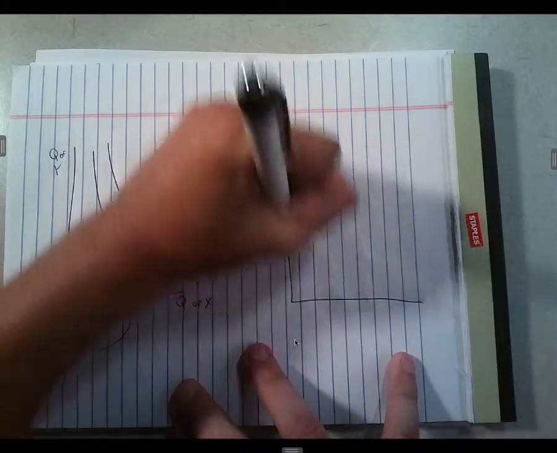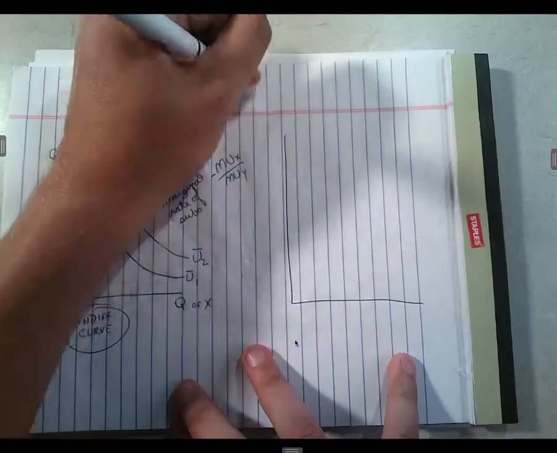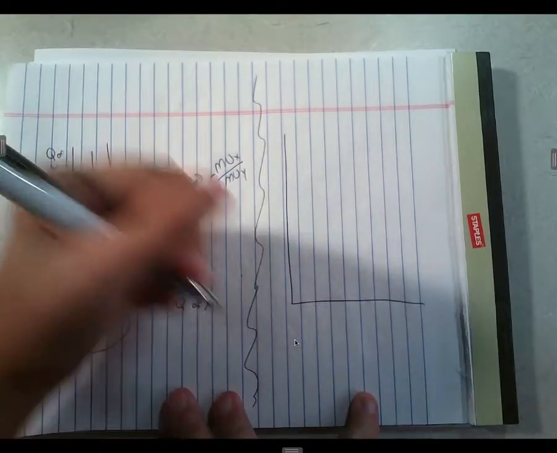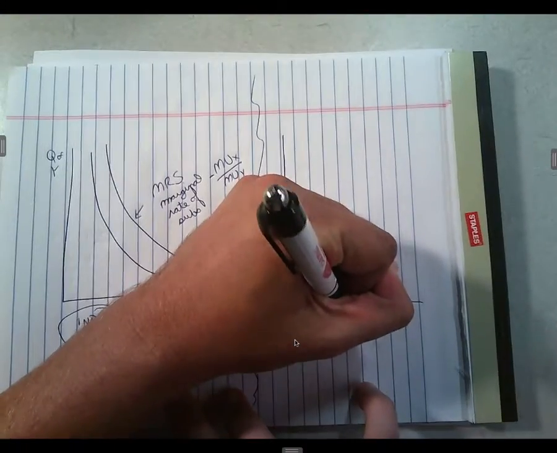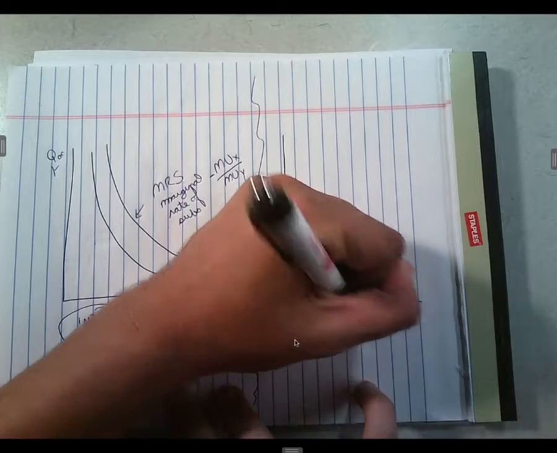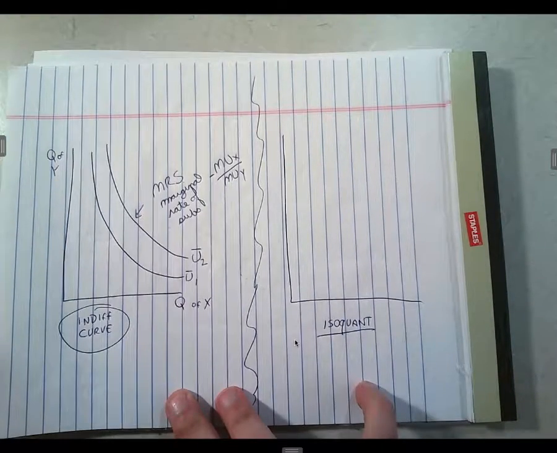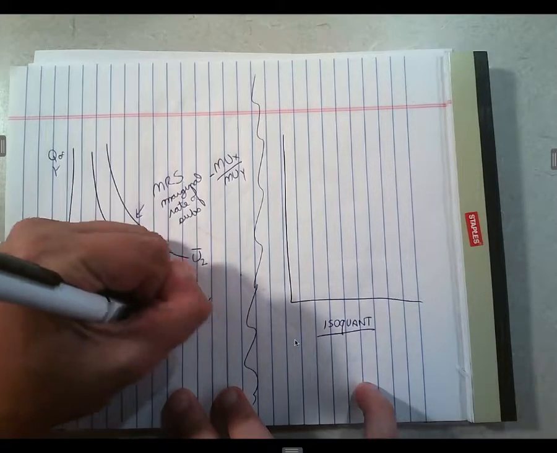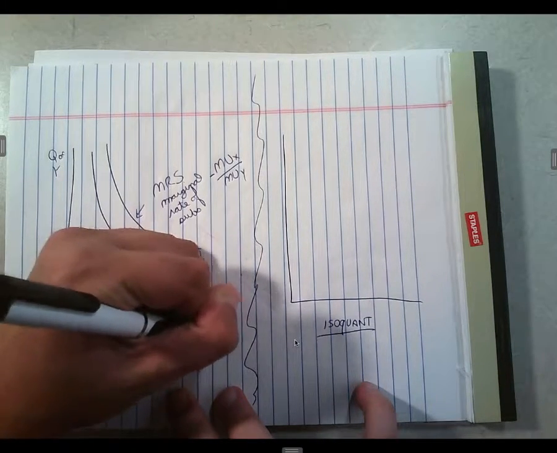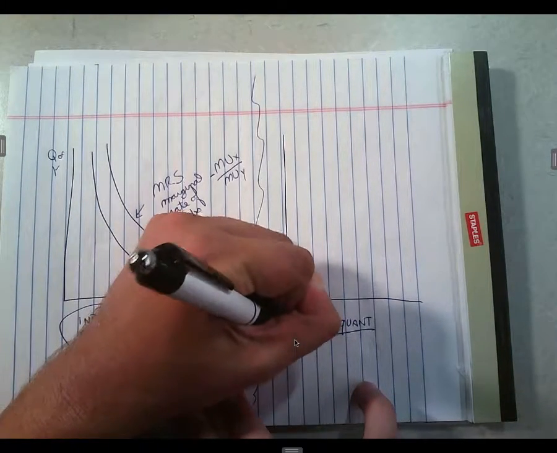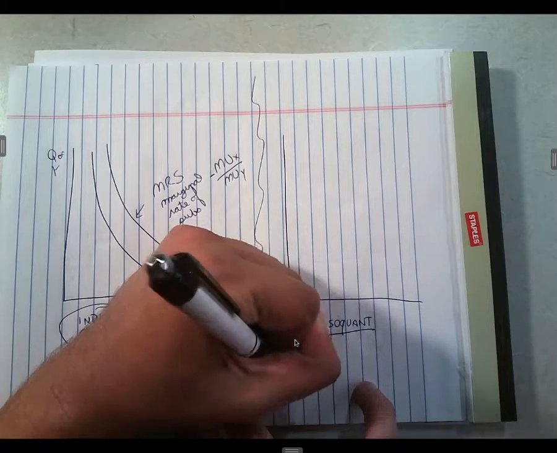This is different. Now in my isoquant, instead of the utility being constant, I'm talking about production levels being constant.